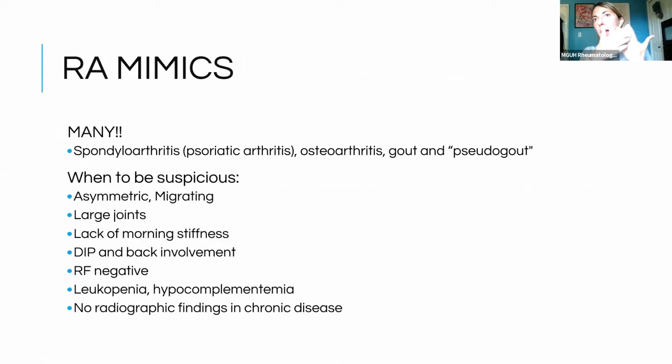But if you had MCP involvement and PIP involvement on one side, you'd kind of expect roughly the same on the other side. When I say asymmetric, I mean more like there's one DIP here, and then on the right side it's the wrist, and on the left side a knee. So it's kind of patchier and more asymmetric. If it's migrating around, that should make you think of some other etiologies as well.